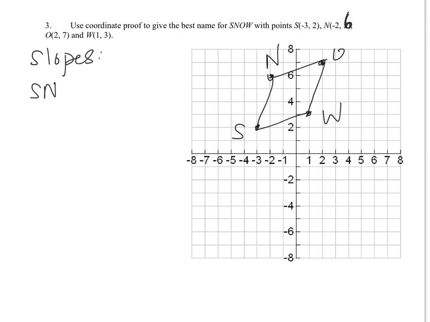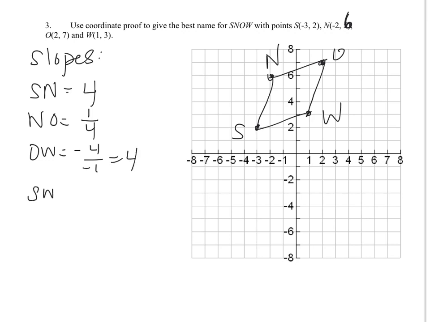Okay, so the slope of SN, we go up 4 and over 1. So that's a slope of 4. NO, we go up 1 and over 4. OW, we go down 4 and to the left 1, so that's -4 over -1, which is just 4.